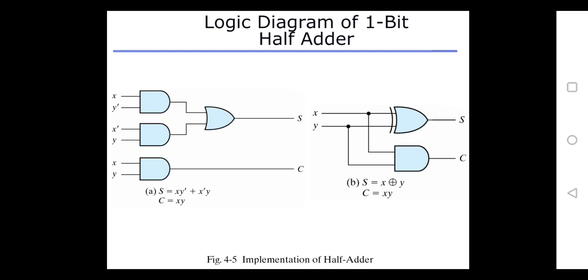But in the second logic diagram, instead of using AND and OR gates, we are replacing two AND gates followed by an OR gate with an XOR gate. So the expression for sum is x XOR y and the expression for carry is xy. To represent the dot, we use an AND gate, and to represent an XOR operation, we use an exclusive OR gate.